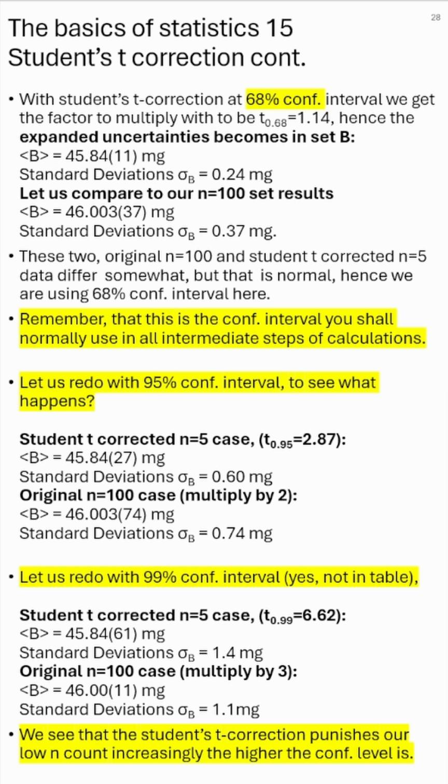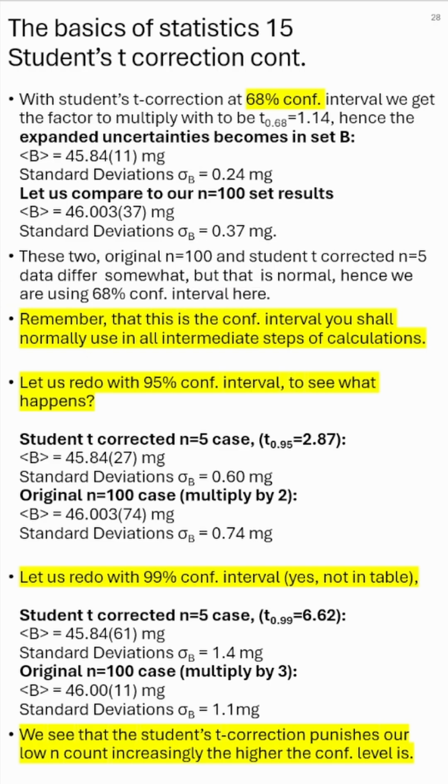You see that the standard error was larger in the 5 coin set compared to the 100 coin set, but the standard deviation was smaller in the 5 coin set compared to the 100 coin set. And the reason for this is that the relationship between standard error and standard deviation depends on the square root of the number of samples, and those are different between the sets. Hence why we get these differences when we compare standard deviations and standard errors.